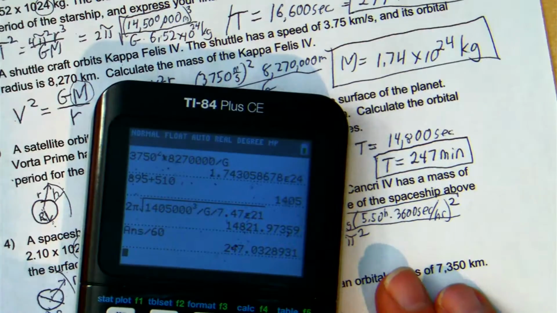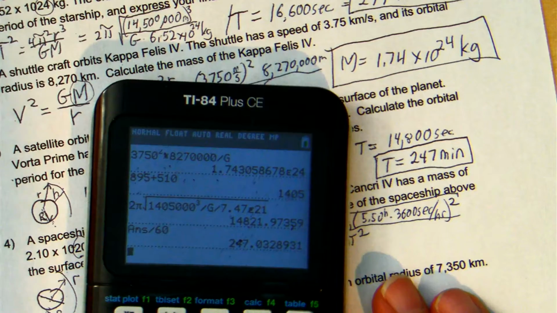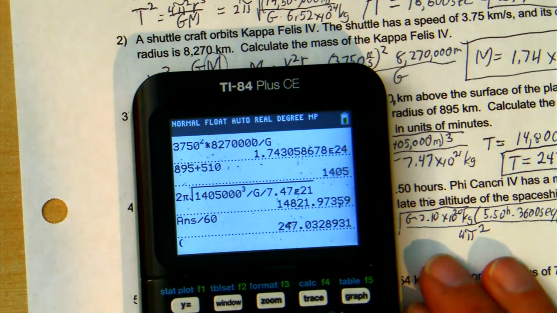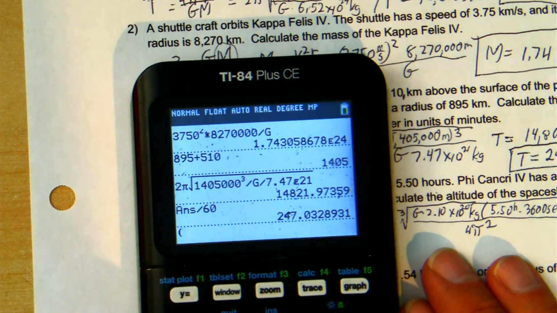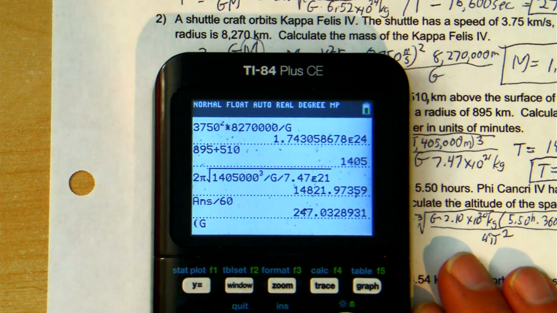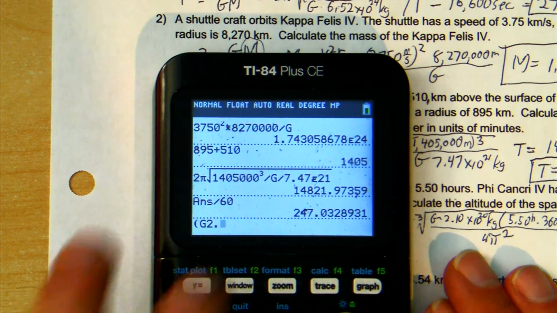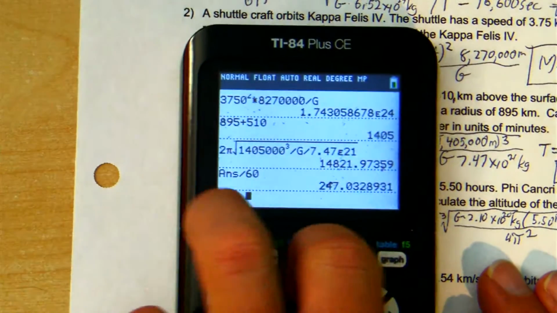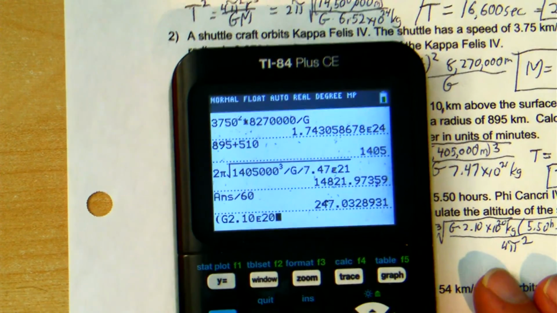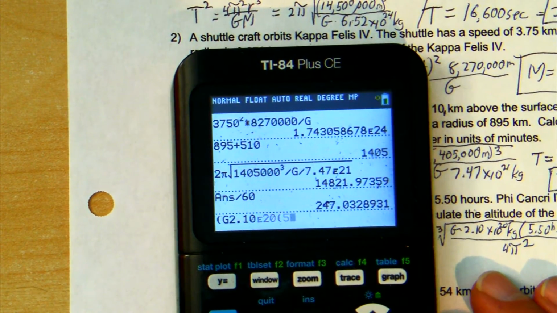So I would do open parentheses, G times 2.10 times 10 to the 20th power. So GM. Now for T, 5.50 hours times 3,600 seconds per hour.